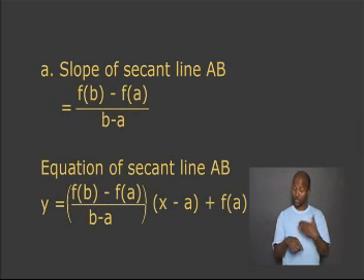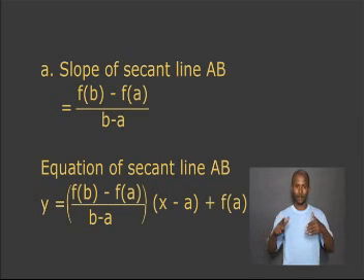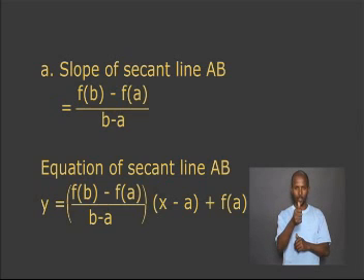This is the equation of the secant line: y equals (f(b) minus f(a)) over (b minus a) times (x minus a) plus f(a).